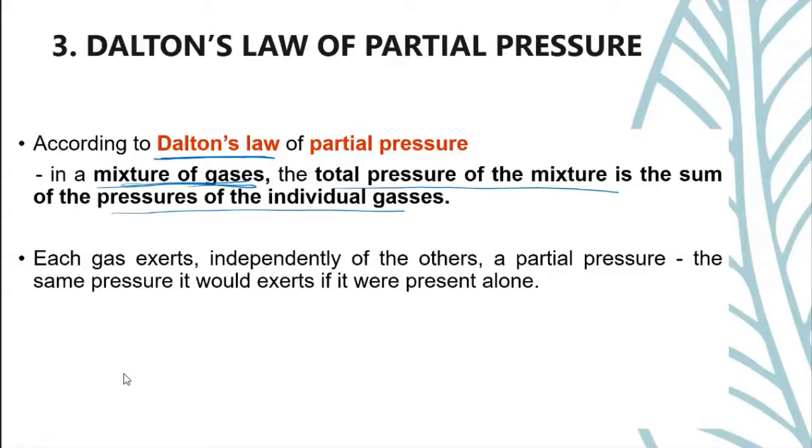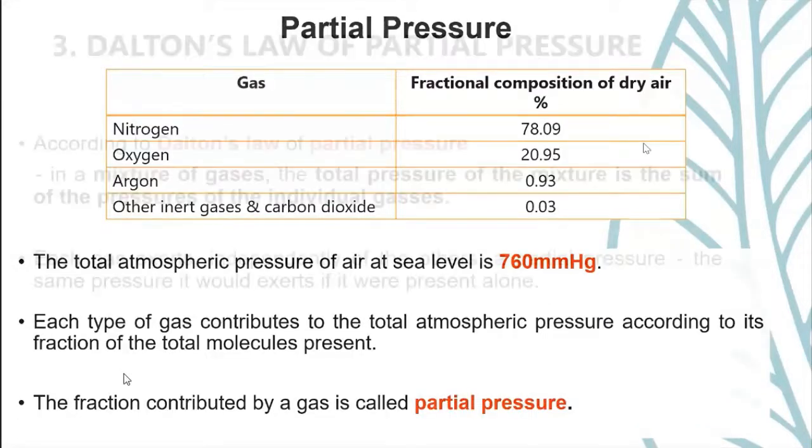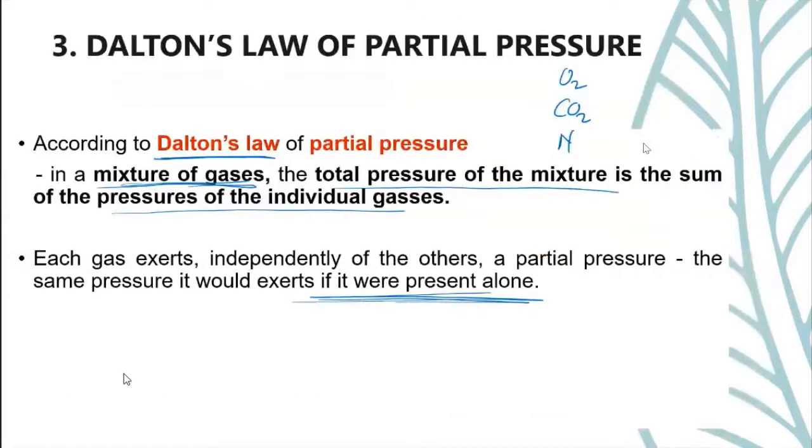So each gas exerts independently of the other a partial pressure, the same pressure it would exert if it were present alone. So dalam atmosphere ada oxygen, ada carbon dioxide, ada nitrogen, ada inert gases. Okay? Nitrogen, formula dia apa? N2.